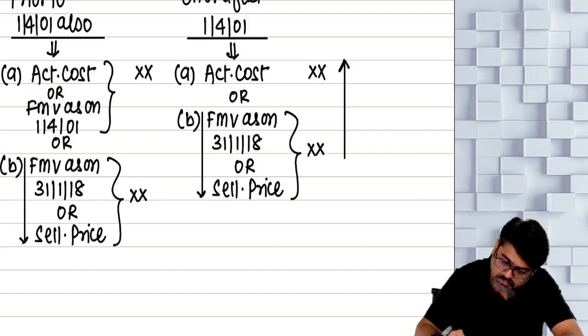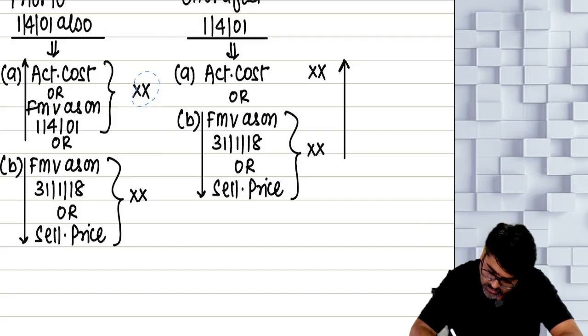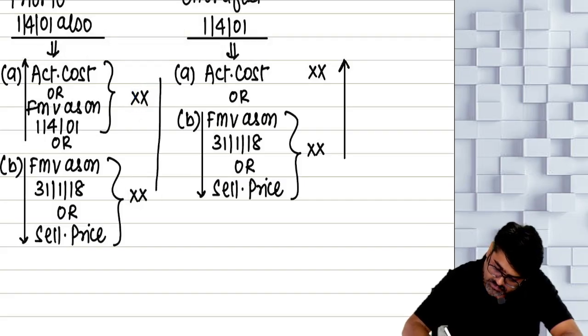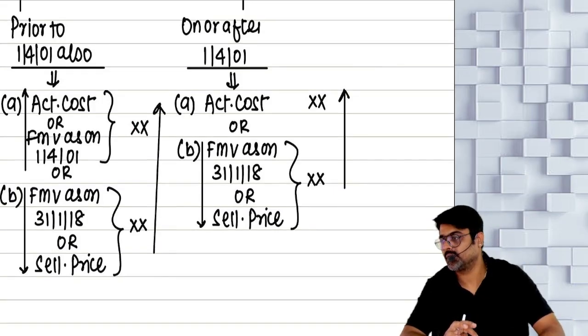This or this, whichever is higher. So higher amount will be this amount, and lower of these two, whichever is higher. Now this will become your cost of acquisition.